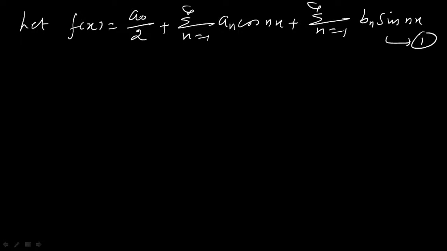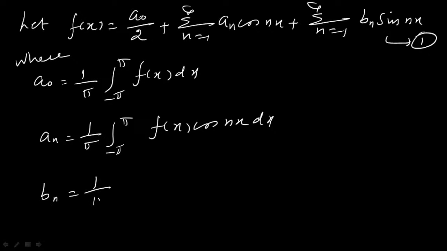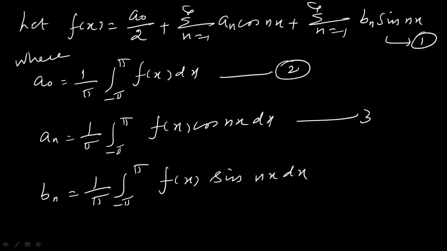Take this as equation number 1, where a naught is calculated using the formula 1 by pi integral from minus pi to pi f of x dx, and an is equal to 1 by pi integral from minus pi to pi f of x cos nx dx, and bn is equal to 1 by pi integral from minus pi to pi f of x sin nx dx.